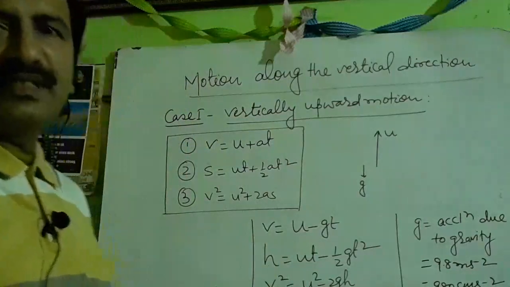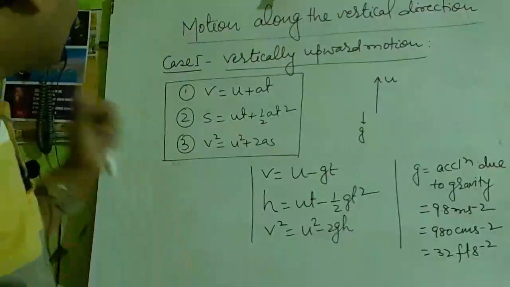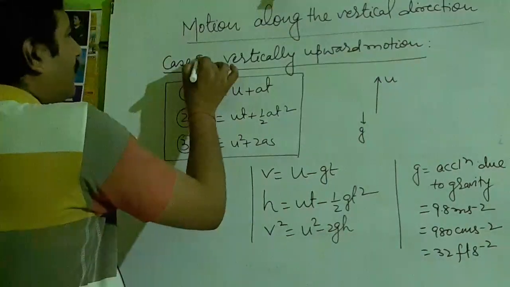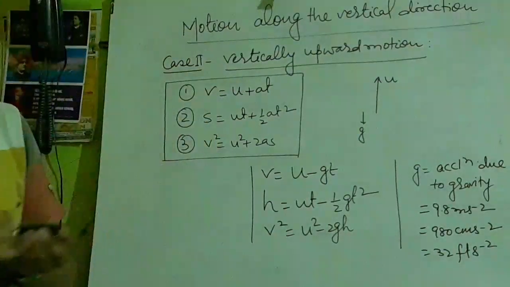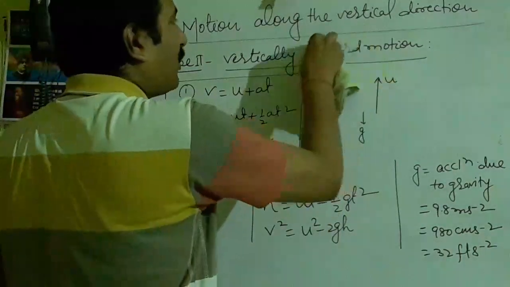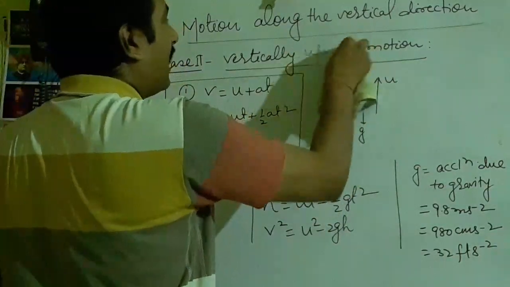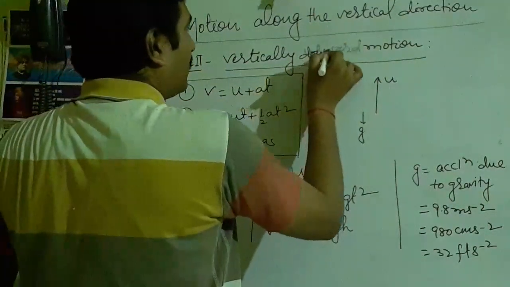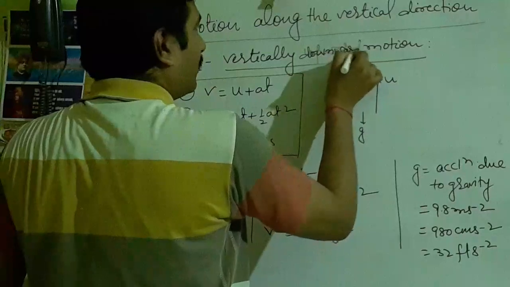So these are the equations for vertically upward motion. Now in case 2, you will have vertically downward motion. So this upward is now downward, vertically downward motion.